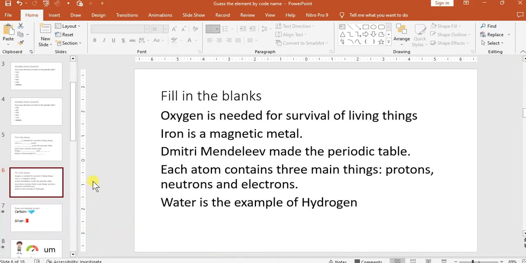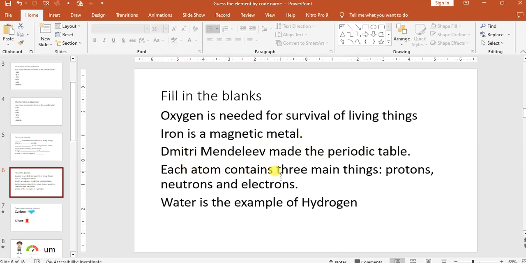And the answers are: oxygen is needed for survival of living things. Yeah, this is true because we are breathing with oxygen. And iron is a magnetic metal. You can test it using a magnet. Dmitri Mendeleev made the periodic table.